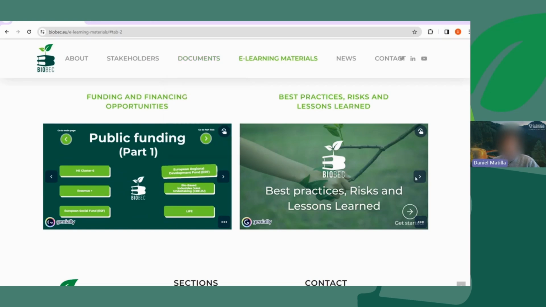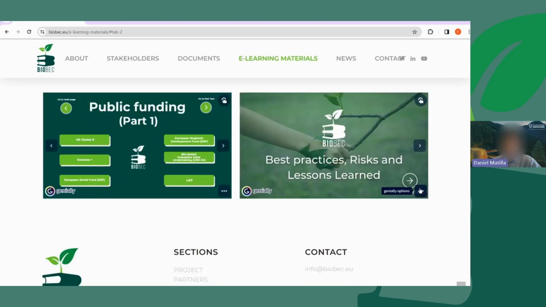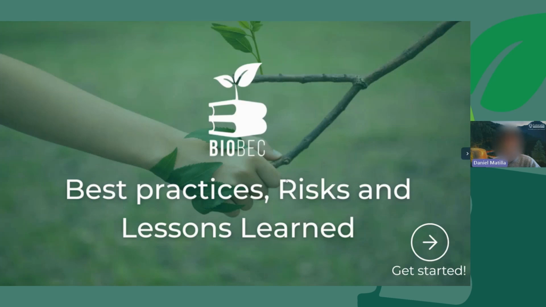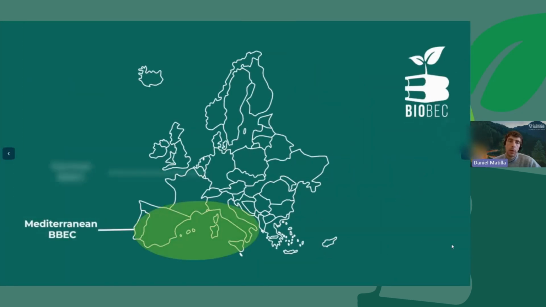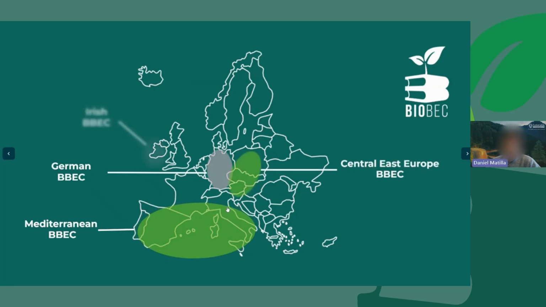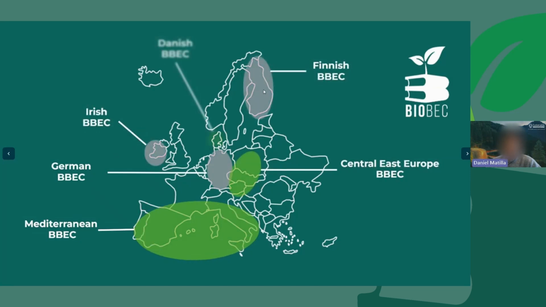And then we have the fourth one, which is best practices document. Here we've summarized the best practices outlined by our BIObec leaders. So we can see again the same map as in the first map that I showed.